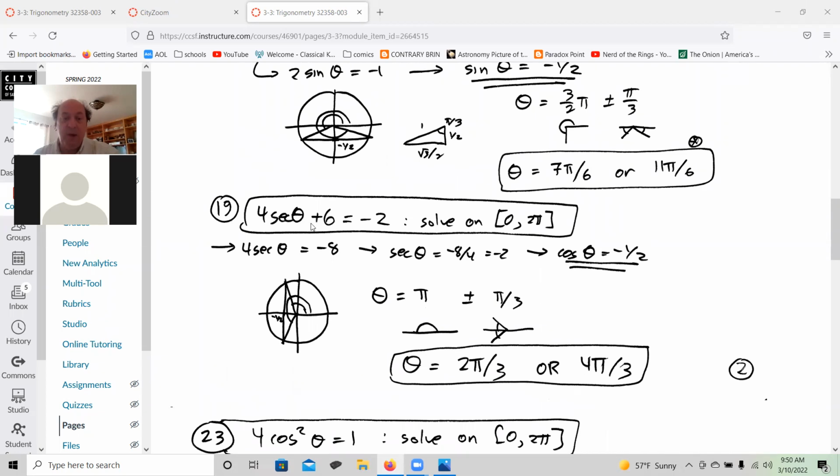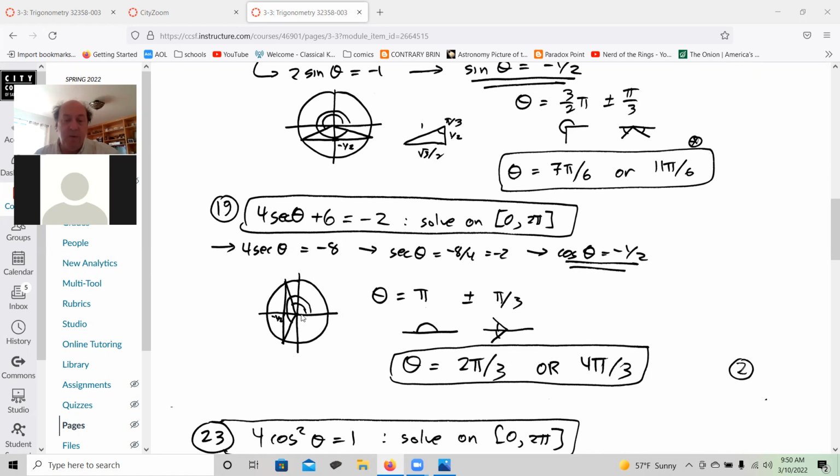For 4 secant x plus 6 equals -2, solve on the unit circle. Well, first we subtract 6 from both sides. So 4 secant equals -8. Secant, therefore, is -8/4, which is -2. And then taking reciprocals, cosine theta equals -1/2. Now we go to the left a distance 1/2 and find out where it meets the unit circle.